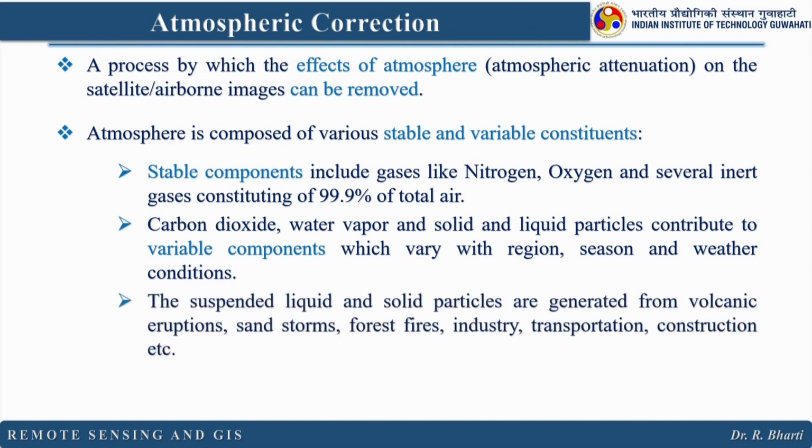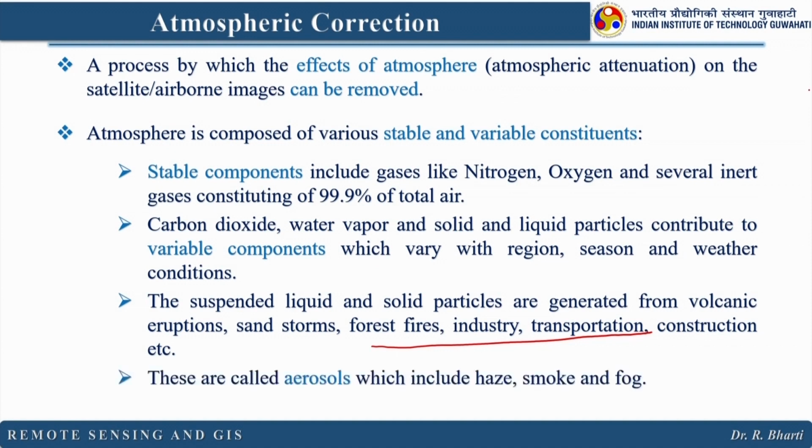The suspended liquid and solid particles are generated from volcanic eruptions, sandstorms, forest fires, industry, transportation, construction, etc. Many components contribute to these variable components of our atmosphere. These are called aerosols, which include haze, smoke and fog.